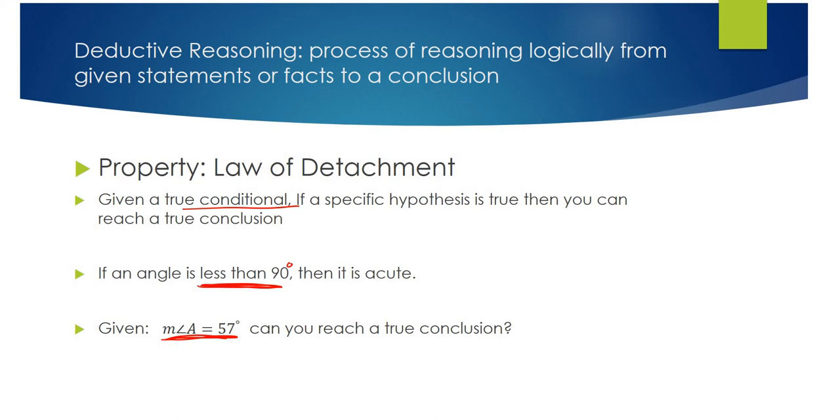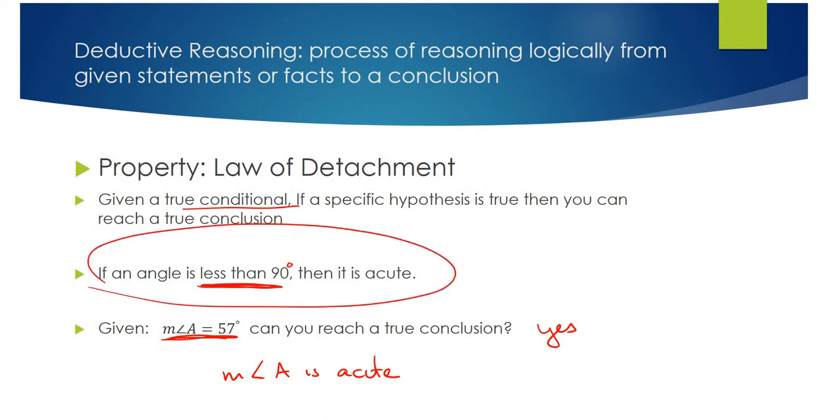Yes, it does. 57 degrees is less than 90 degrees. So yes, I can reach a true conclusion, and the conclusion is that the measure of angle A is acute. Okay? So taking a true conditional, a general statement that we know is true, and looking at a specific example of the hypothesis to draw a conclusion.